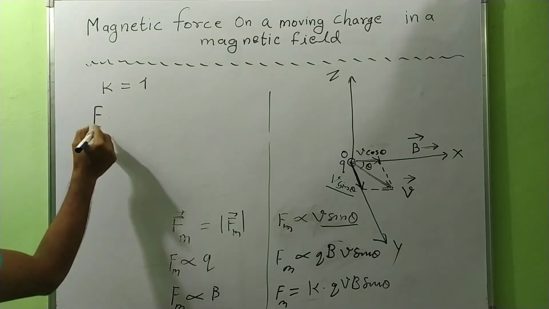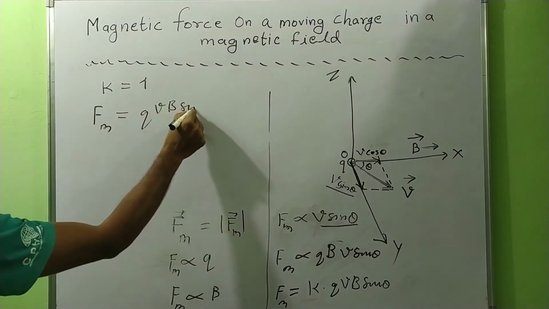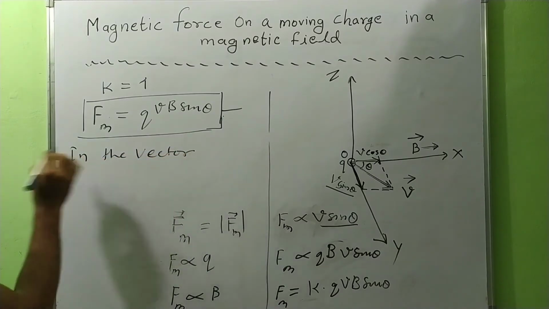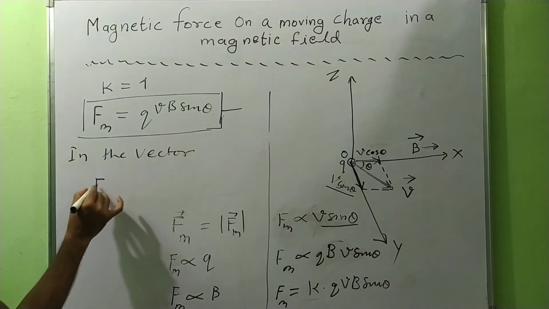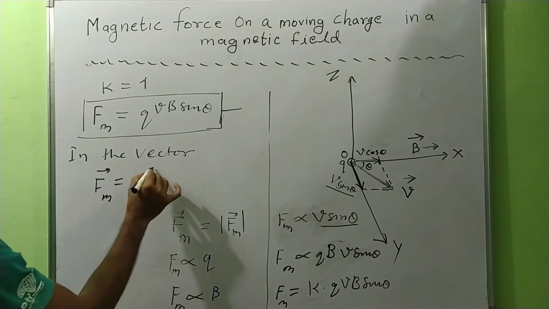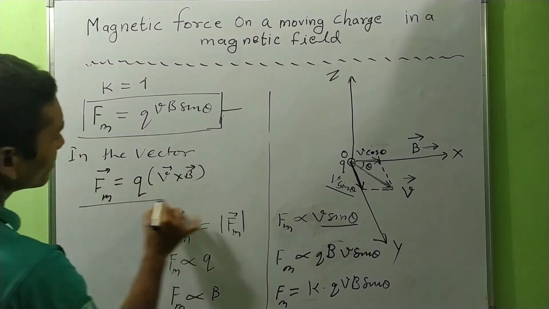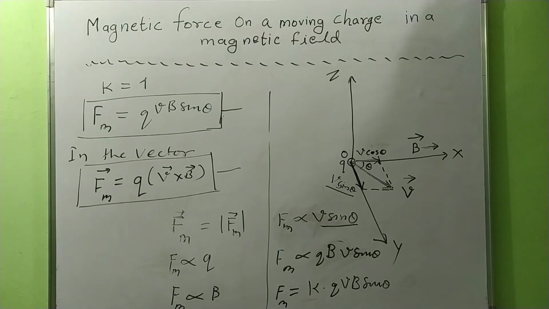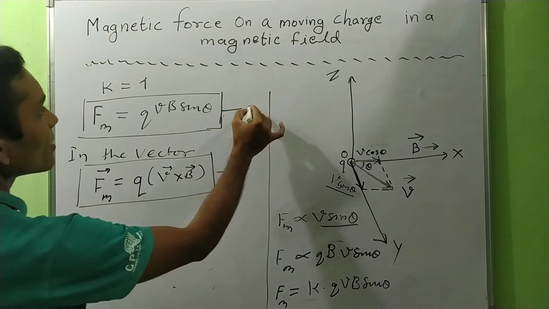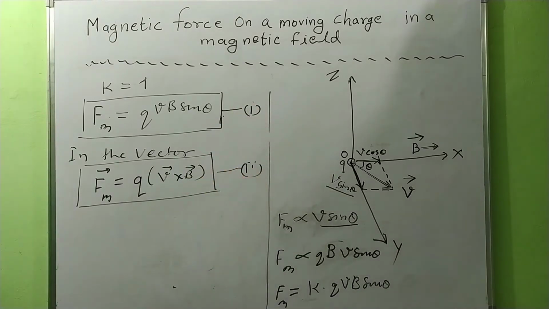Then the magnetic force Fm will be equal to qvB sin theta. In the vector form, the magnetic force will be vector Fm equal to q into vector v cross vector B. This is the magnetic force on the moving charged particle. Let this be the first equation and this the second equation.